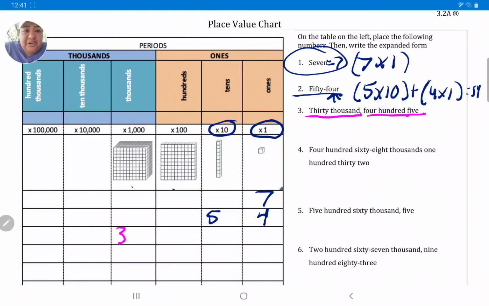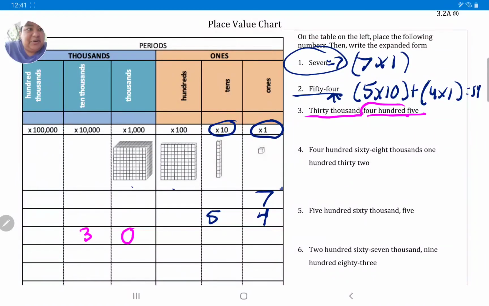Now am I going to put 30 here because it says thousands? 30,000? No, right? No, that cannot be it. So it would be 30. So 3, 10,000.